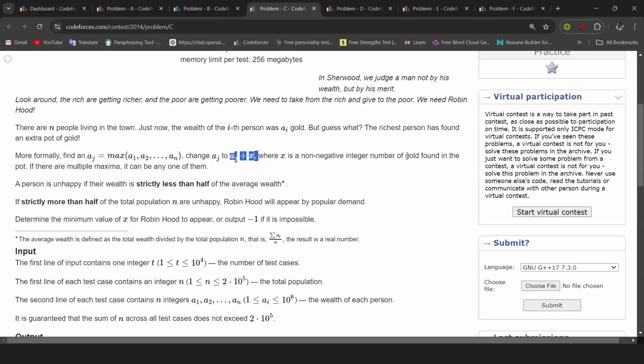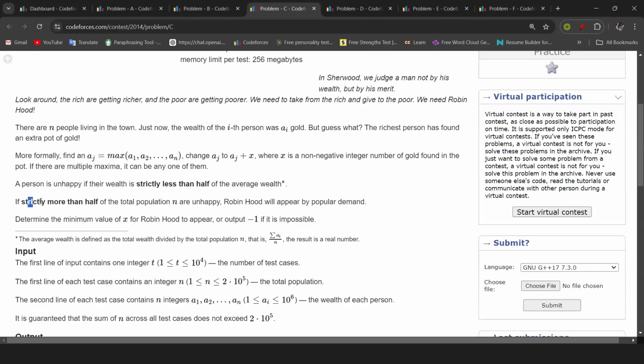Okay. After this, when that is added, a person is unhappy if their wealth is strictly less than half of the average wealth. So after adding x to the maximum person, whatever the average is, if a person's wealth is less than half of the average, then that person would be unhappy.